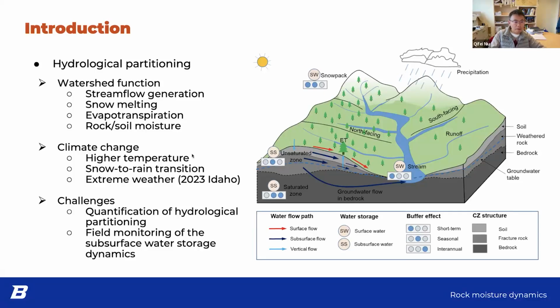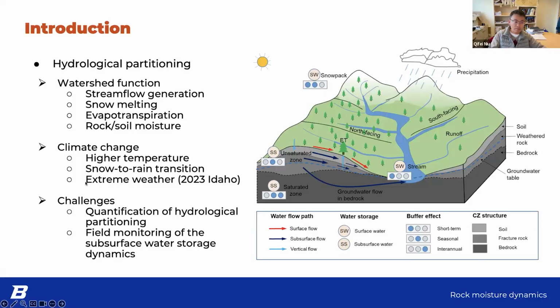Why we want to study watershed function is because right now our knowledge is limited. With climate change we have higher temperatures, and the precipitation we traditionally get, mostly snow, is going to transition from snow to rain. What's the impact on the hydrological partitioning in the watershed? We still don't know yet.